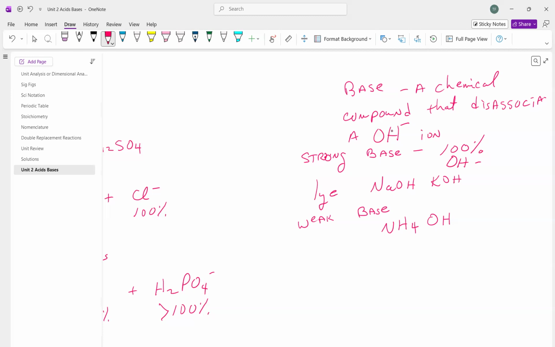Okay, so weak base. This is going to be less than 100%, and this one is also less than 100%.